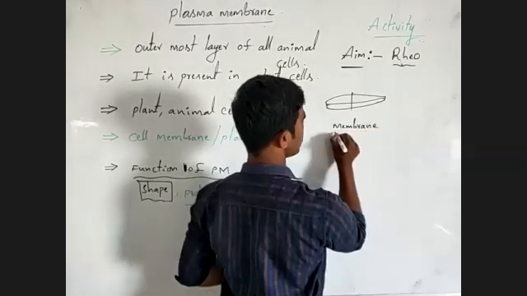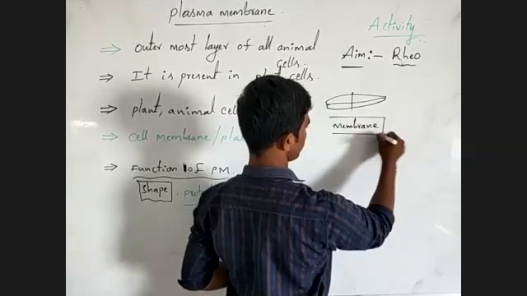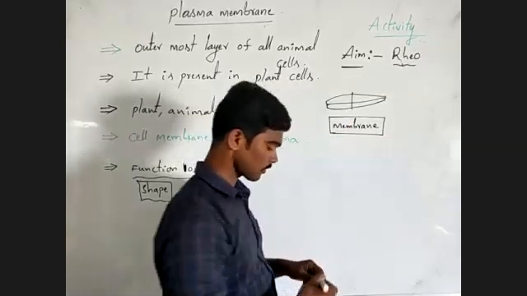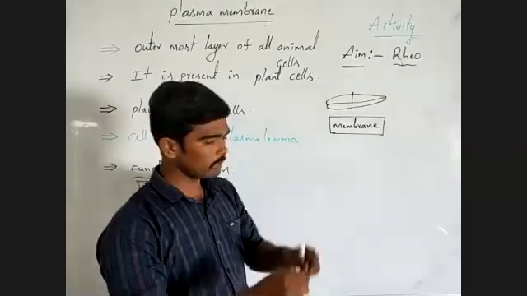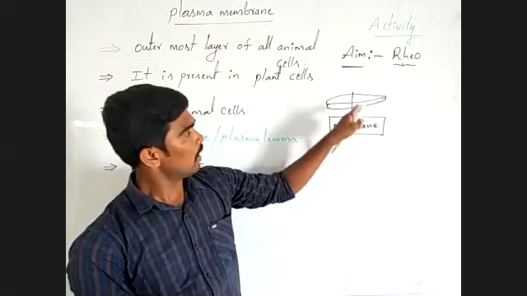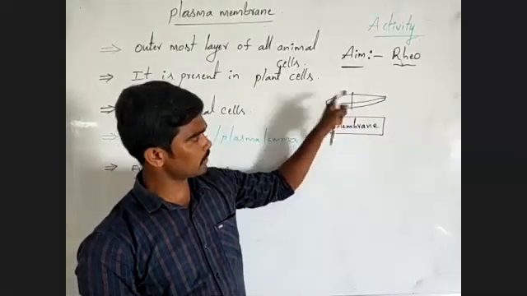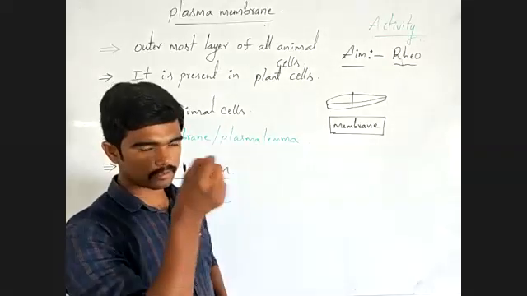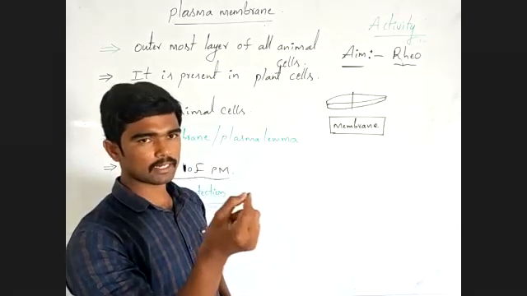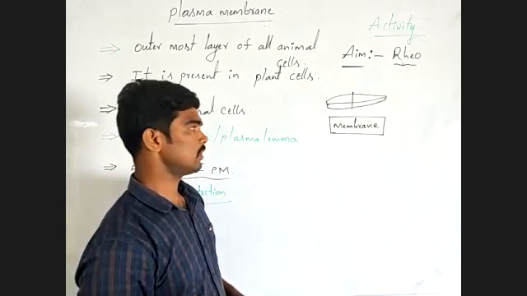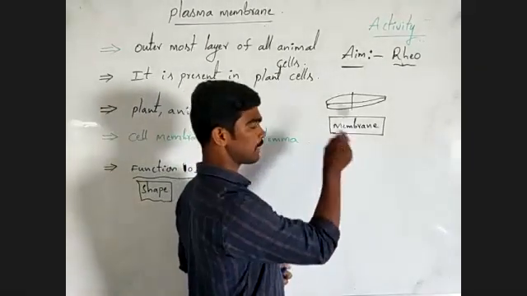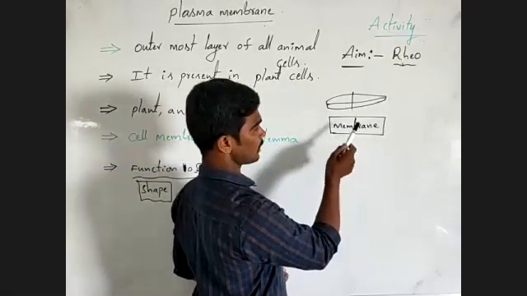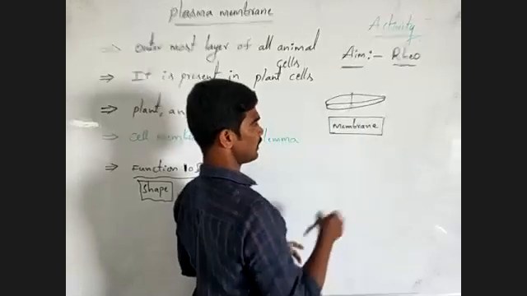When we break the leaf of the Rhoeo discolor plant, we can observe a thin pink color layer. Then how to separate the pink color membrane or layer?